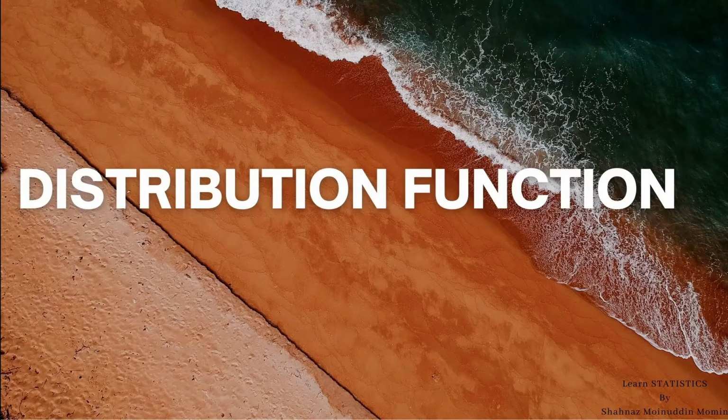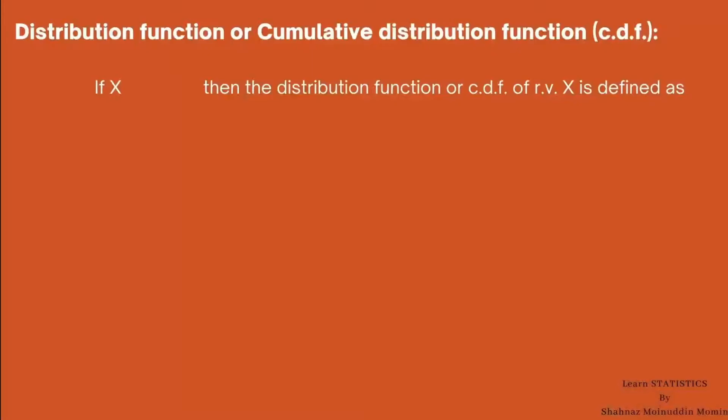Now, let us move to the second point of the topic continuous uniform distribution, and that is the distribution function. The distribution function is also known as cumulative distribution function, and it is abbreviated by c.d.f. So, let us start with the cumulative distribution function c.d.f, which is also known as a distribution function.